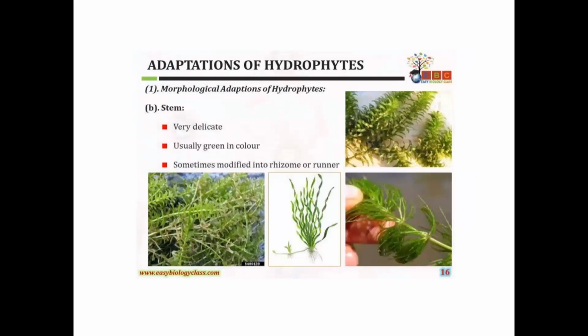Next one is the stem, that is the shoot system. Here the stem is also very delicate, usually green in color, and sometimes modified into a rhizome or runner.